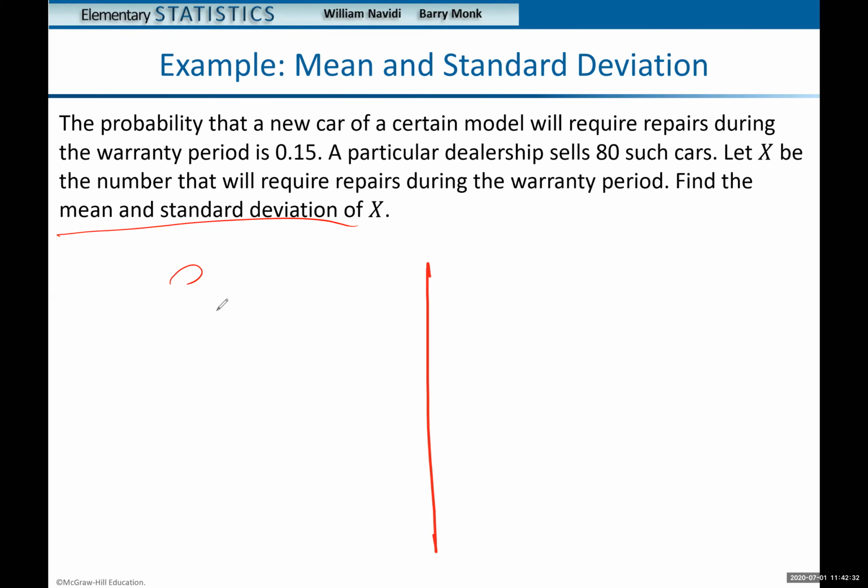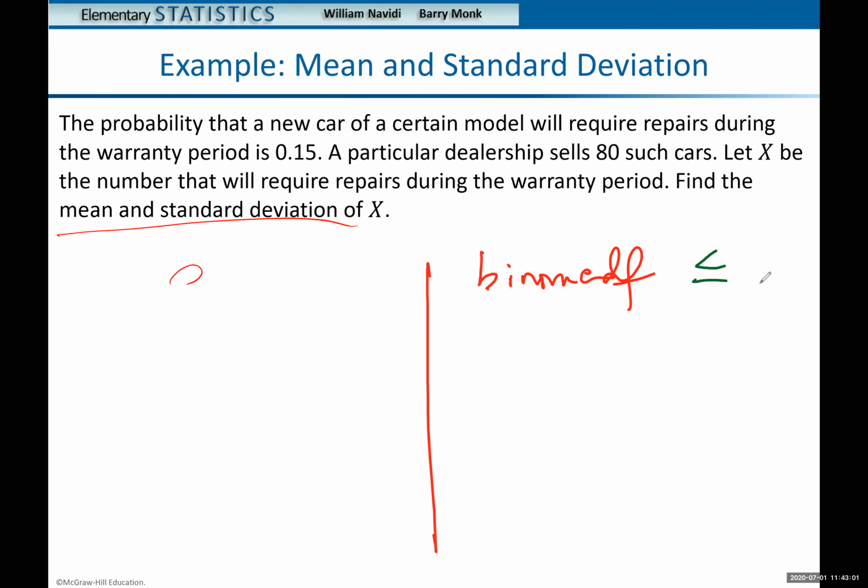Right, so remember binom CDF is for less than or equal to a number.